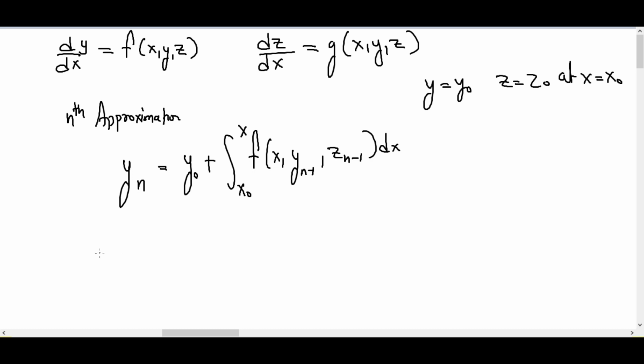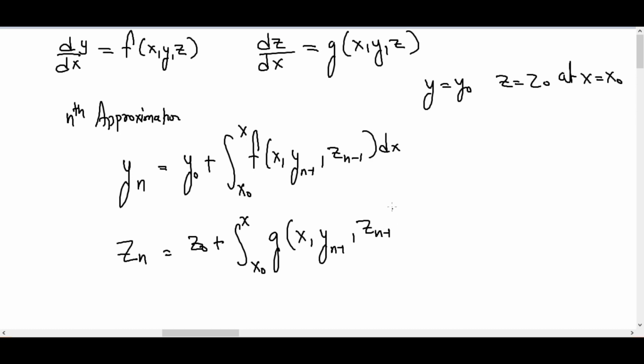Same way for zn, you put z naught plus integral from x naught to x of function g with x, y of n minus 1, z of n minus 1 dx. If you use these two successive approximation formulas, you are going to get y and z.